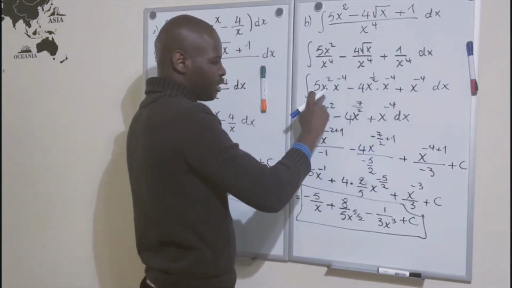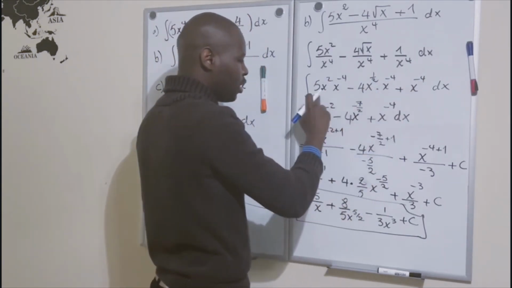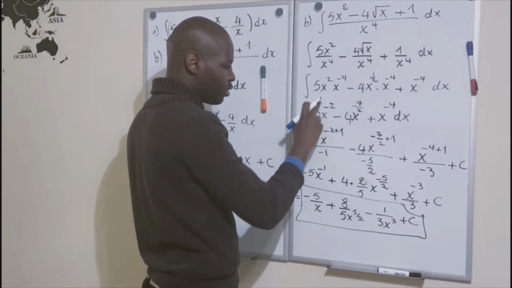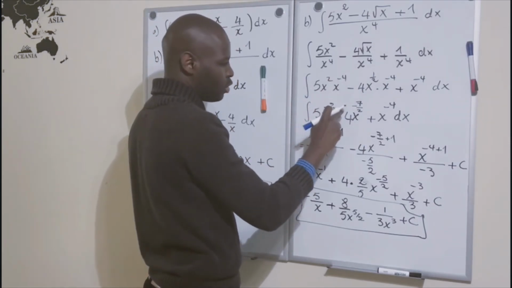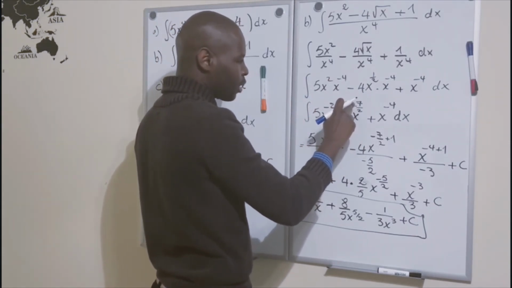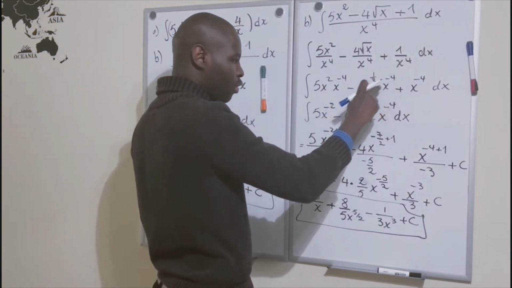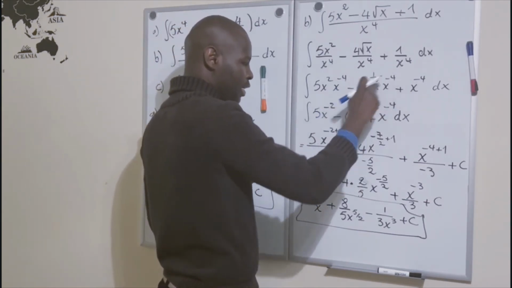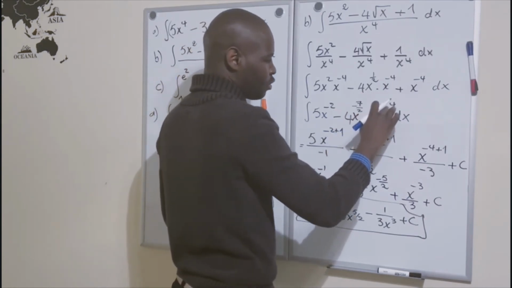And then since these have the same base, we can add their powers. So 2 minus 4 is minus 2, minus 7. So we said 1 half minus 4 is, because it's 1 minus 8, so minus 7 half, and x to the minus 4.